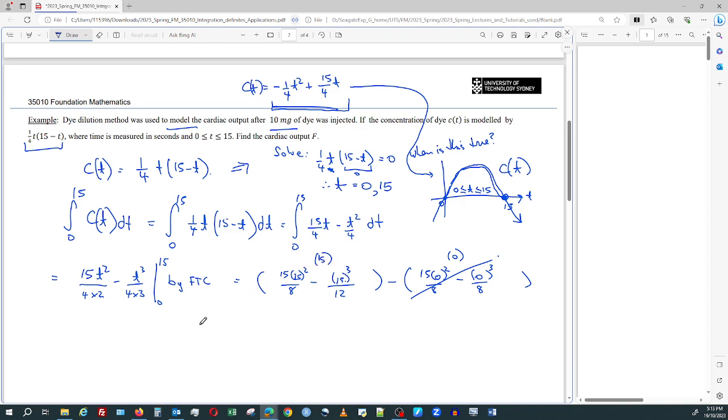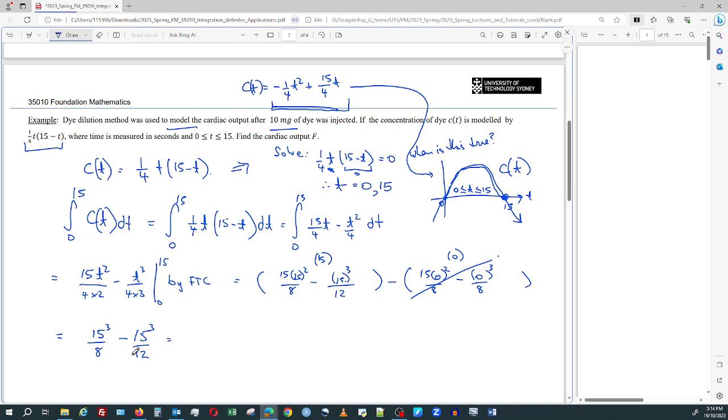Alright, so let's see what we can do. So 15 times 15 is 15 cubed. So I'm just going to put 15 cubed on 8. And we already had a 15 cubed on 12.